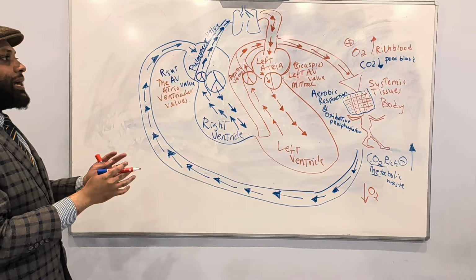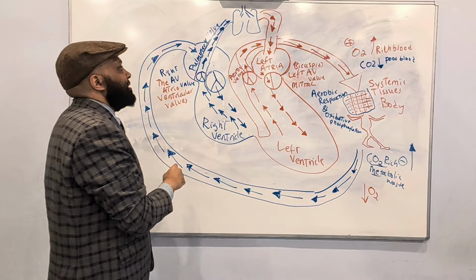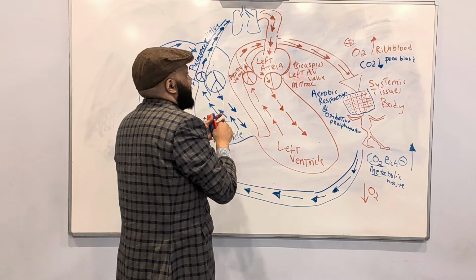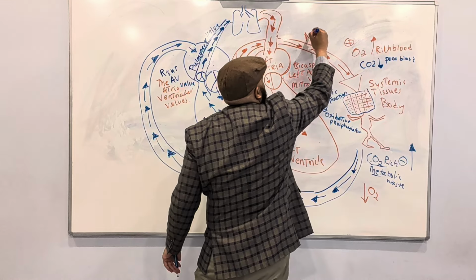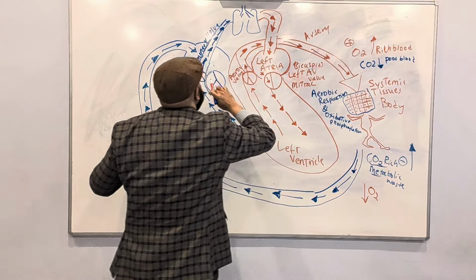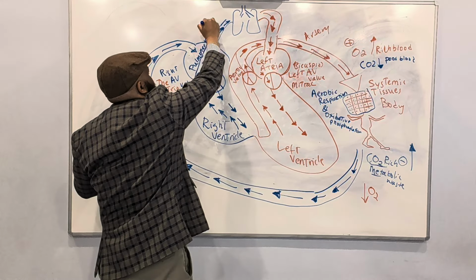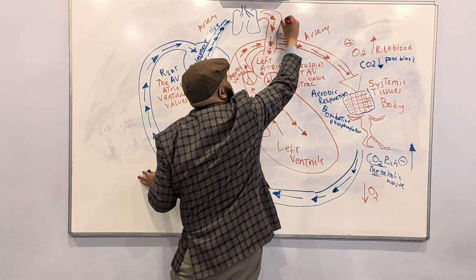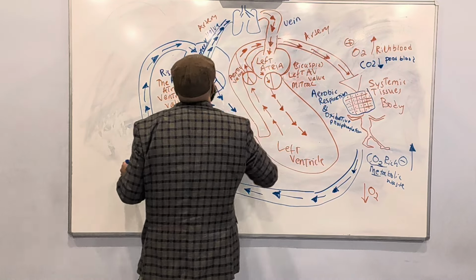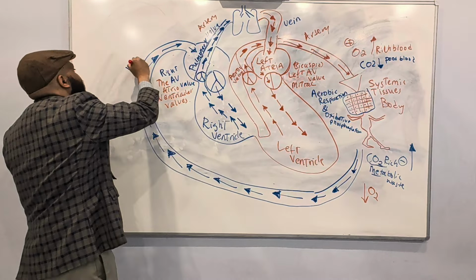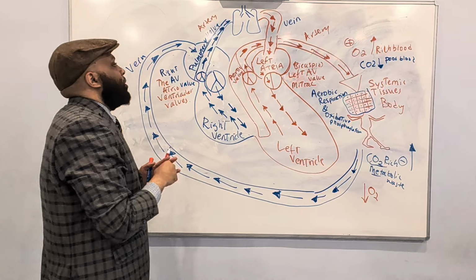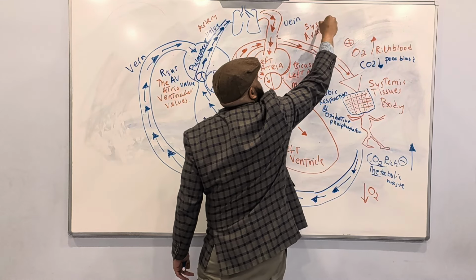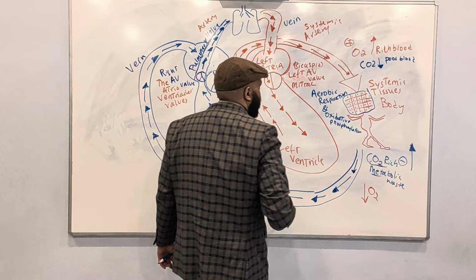So now from this diagram, you should be able to tell that I have two arrows leaving the heart. That means those are arteries. So this one is an artery, and this one is an artery too, because both are leaving the heart. And this one is coming to the heart, so that's a vein. And this one is coming to the heart, that's a vein too. Well, this artery is going to the system, that's the systemic artery.